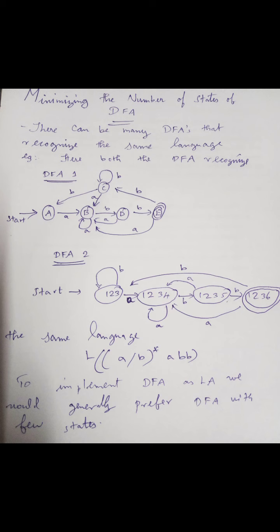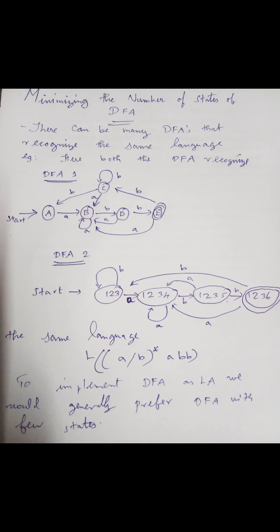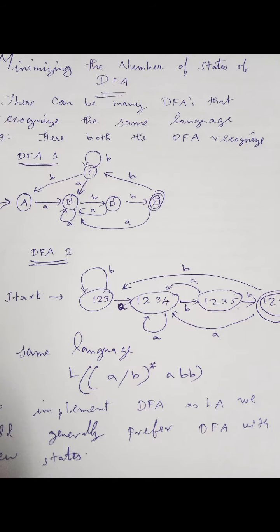Though DFA1 and DFA2 perform the same work, we take DFA2 as the solution for this problem, because it has the minimum number of states compared to DFA1, and we use DFA2 as a prototype for the lexical analyzer.